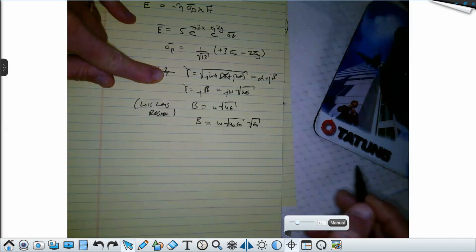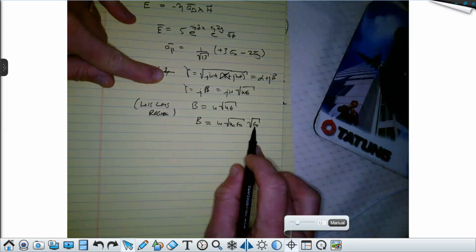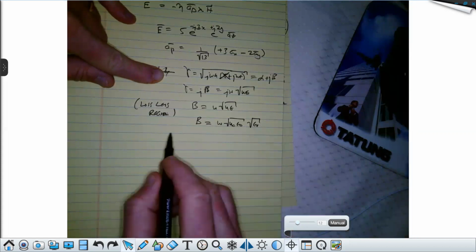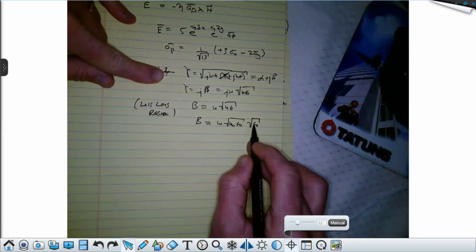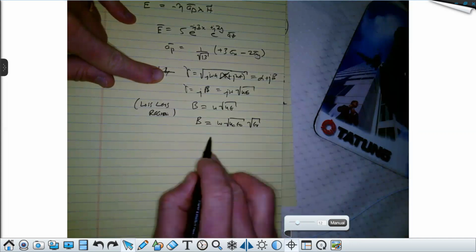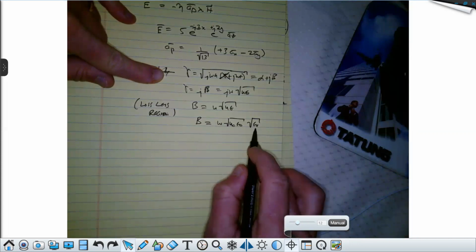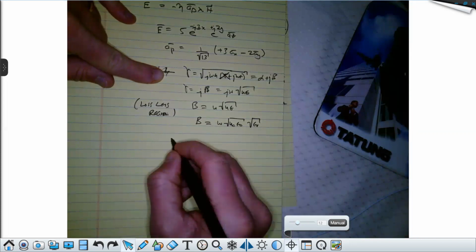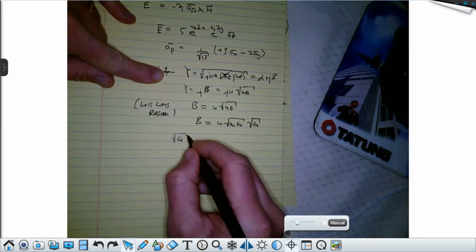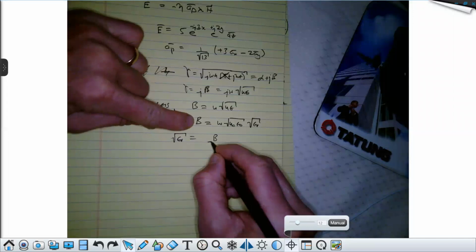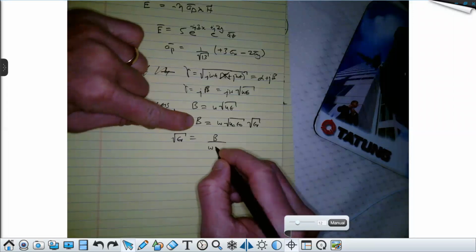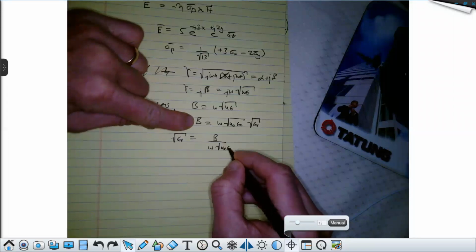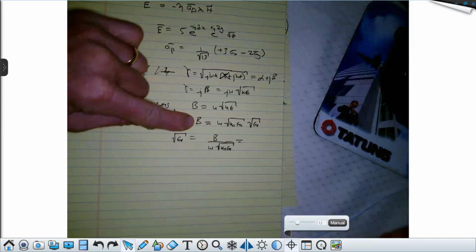And now I can find epsilon relative. I'll square both sides. And I'm trying to find epsilon relative here. I got the square root of epsilon relative. Let me do it this way. The square root of epsilon relative will be equal to beta over omega times square root of mu naught epsilon naught. Are you with me? I'm just rearranging.